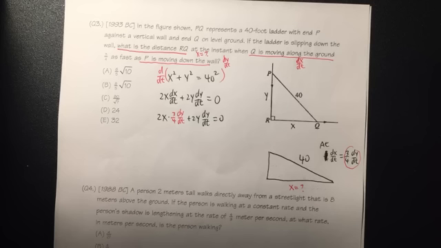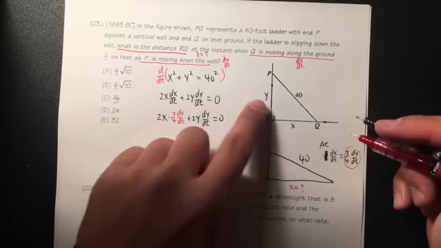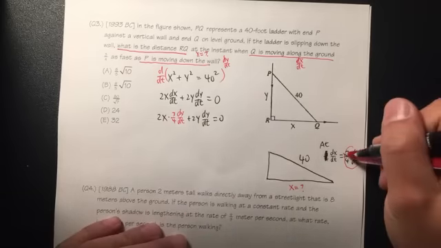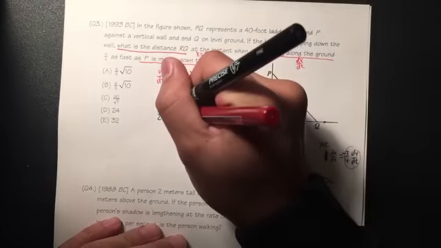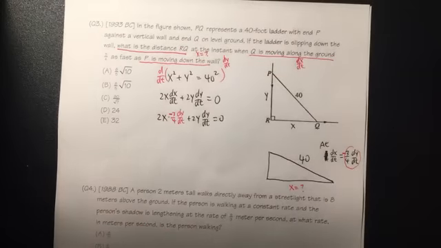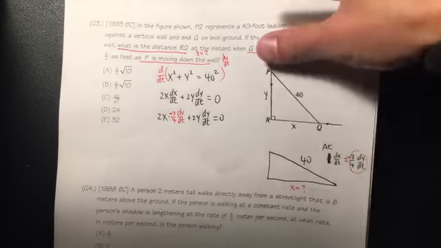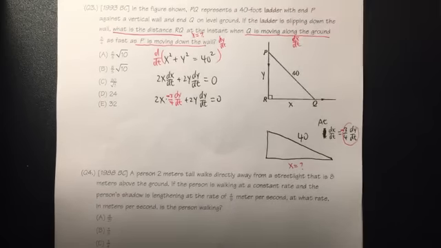Do we need a negative since it's moving down? Aha! Because y is decreasing, dy/dt is negative, so we should have a negative here. Perfect, thank you. I missed that earlier.